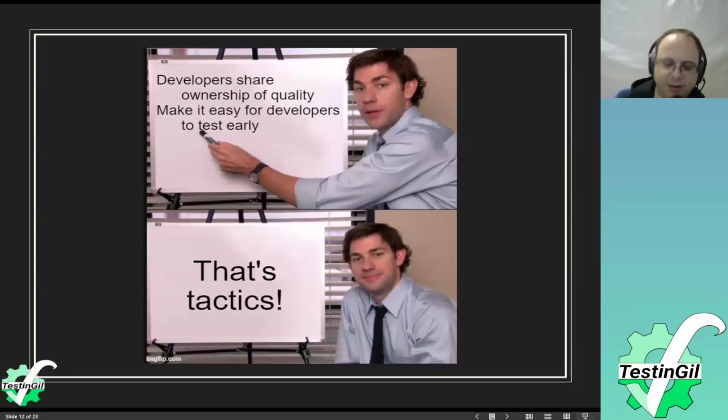The second thing is that we want to make it easier for developers to test early. If we're talking about shift left as developers writing unit tests, we want to help them write unit tests and not just teach them how to do that. Because if they're working on legacy code from 8 years ago, which was not written with testability in mind, it's not really testable.